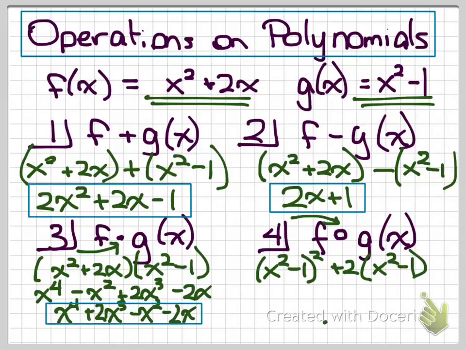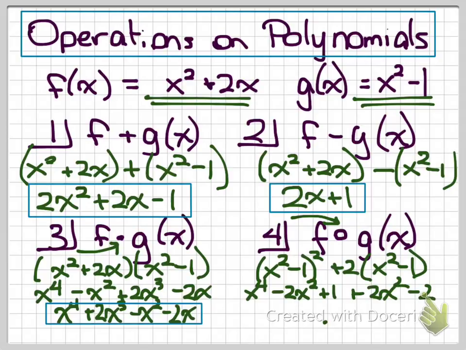And when I plug that stuff in, now I've got to simplify. It becomes a little more complicated. And x squared minus 1 quantity squared is going to become x to the 4th minus 2x squared plus 1. And when we distribute over here, we're going to have 2x squared minus 2.